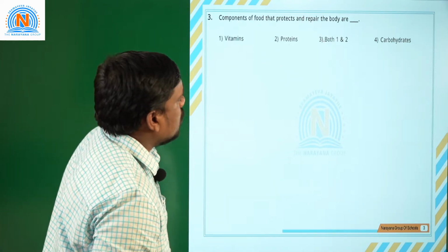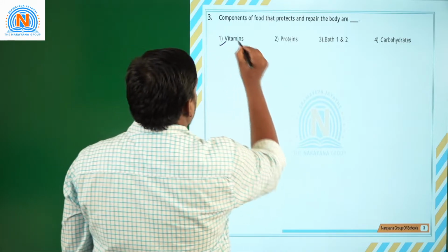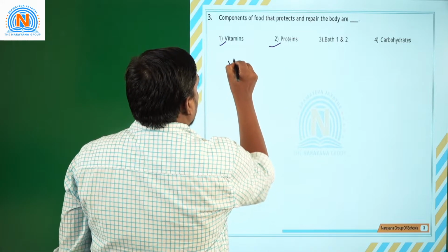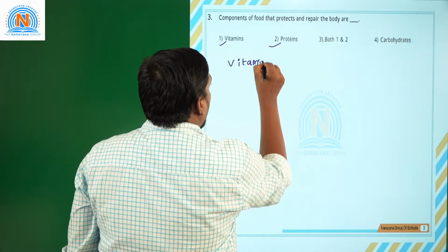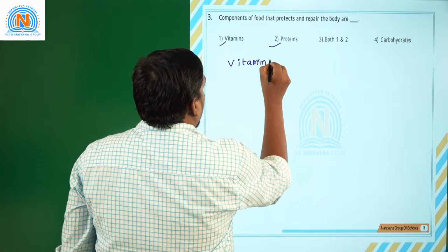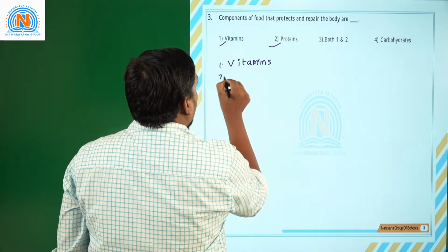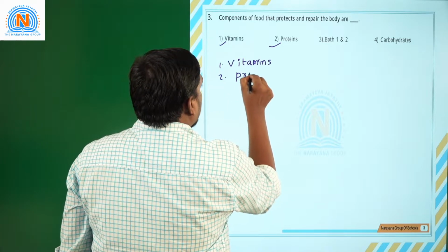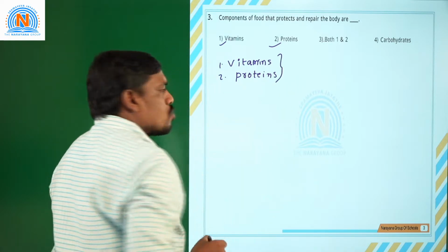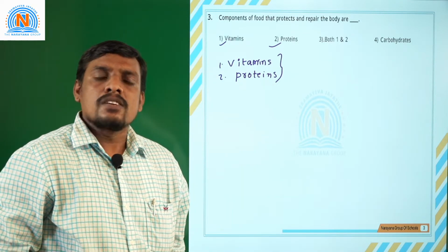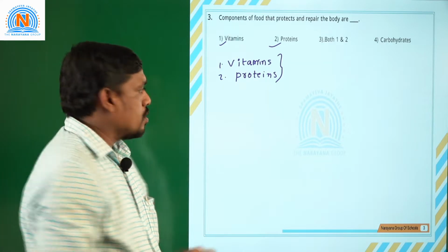What are they? Vitamins and proteins. What are vitamins? Vitamins are important amines. The second kind of food component is proteins. These two components together help in the healing of wounds or injuries.